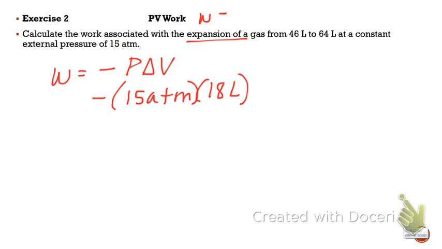We need 2 sig figs here, so it would be negative 270 liters times atmosphere for my units. Okay? And then I think that brings us to exercise 3.